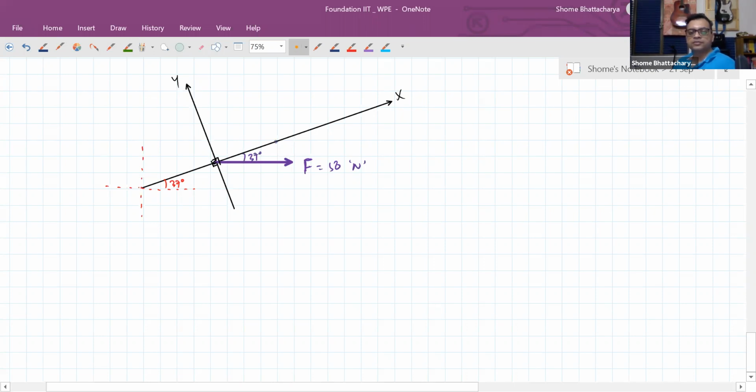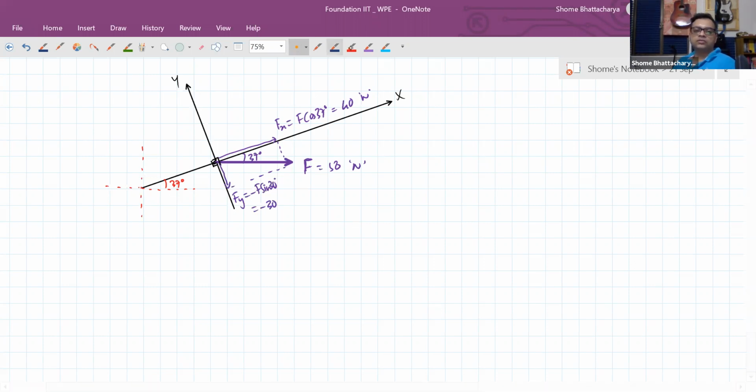So this force will have a component along the x-axis of this much. So that will be 40 newtons, and it will have a component perpendicular to this. So the y component will be negative because it's along the negative this one. So it is minus F sine 37. So it will be minus 30.